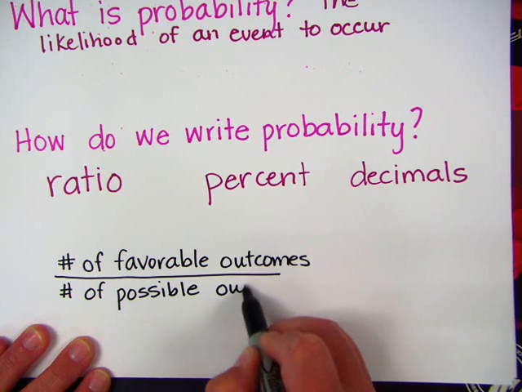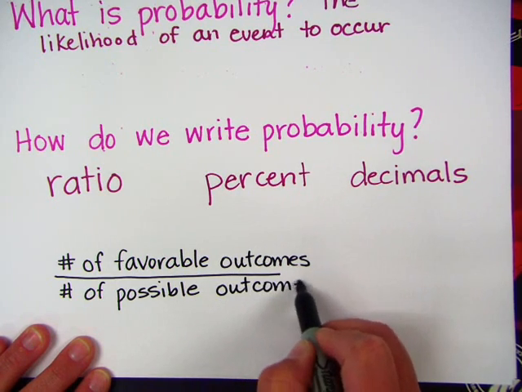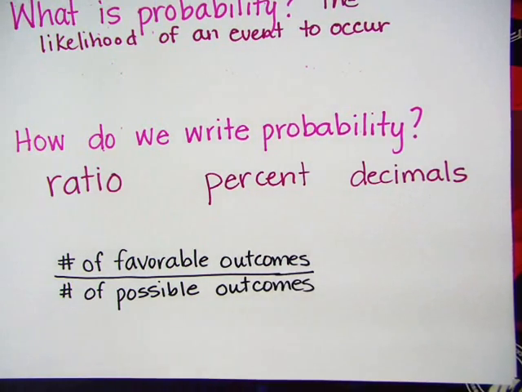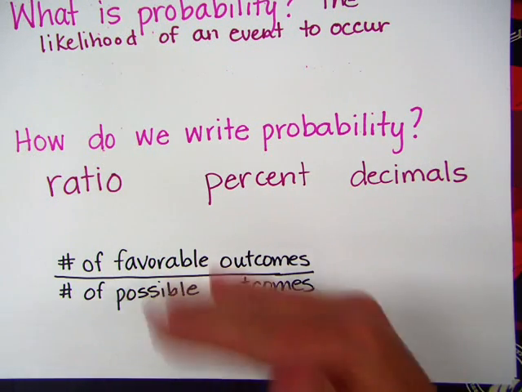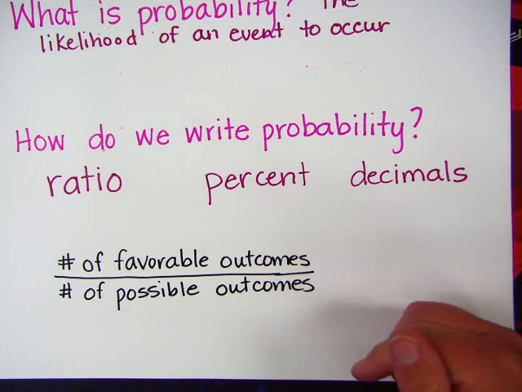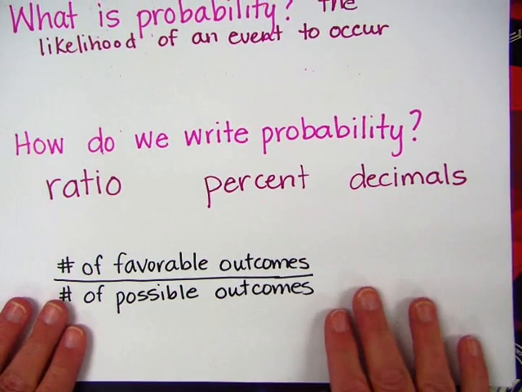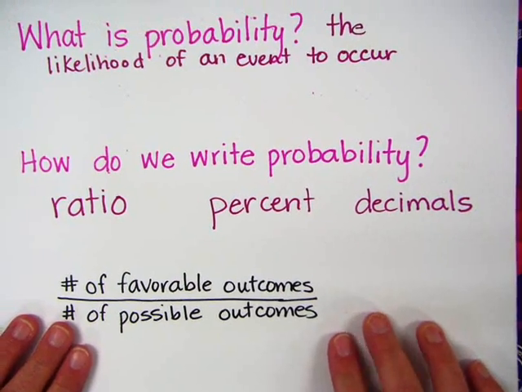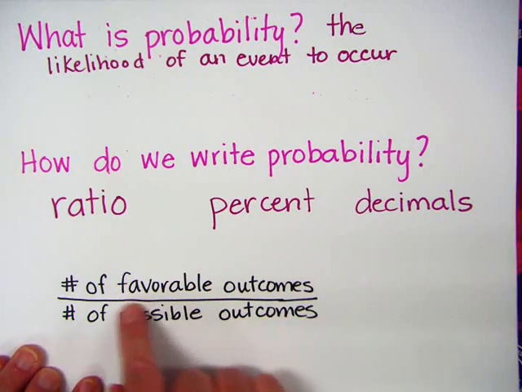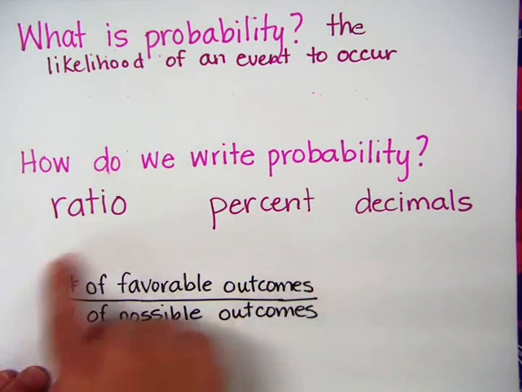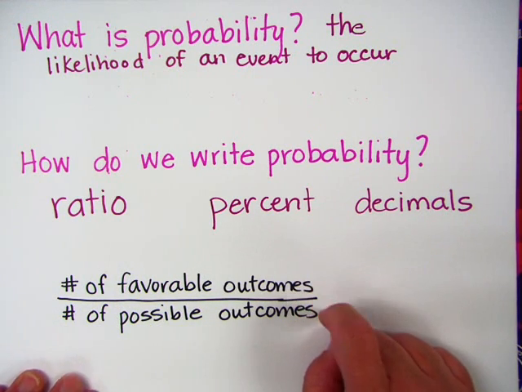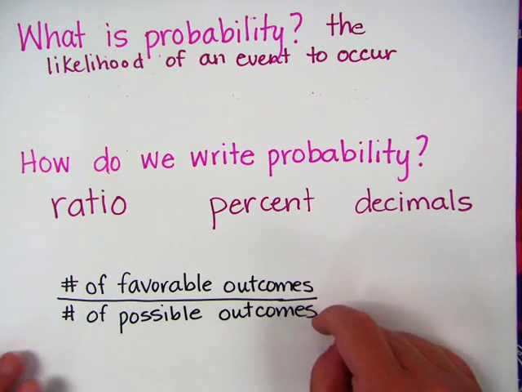So make sure you put that on your summary sheet, and as we are working through these problems, refer back to that fraction setup, the number of favorable outcomes over the number of possible outcomes, because writing ratios for probability comes back to this basic fractional setup.